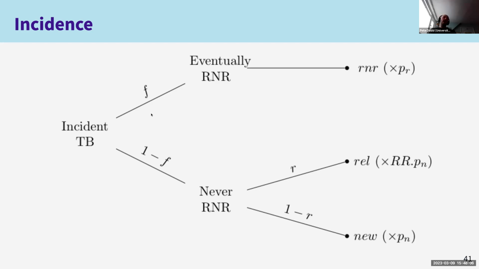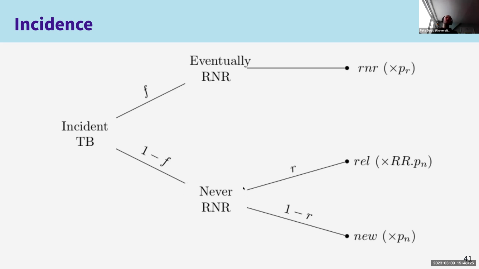But anyway, basically incident TB is stratified into those who will ultimately be retreatment, not relapse, and the prevalence that I talked about as being previously treated is applied to that group.